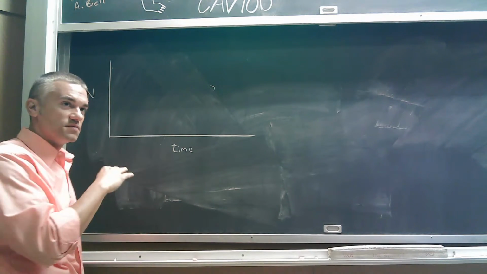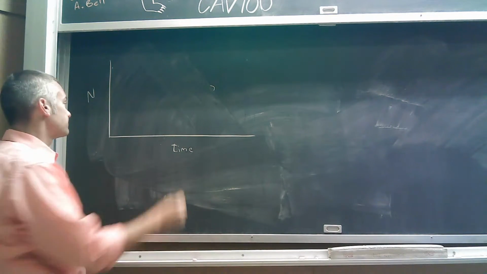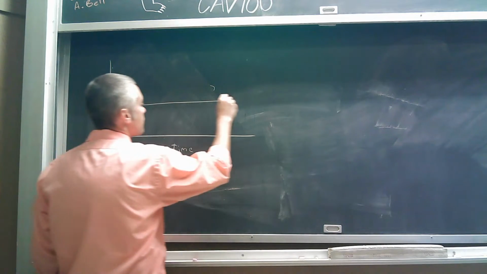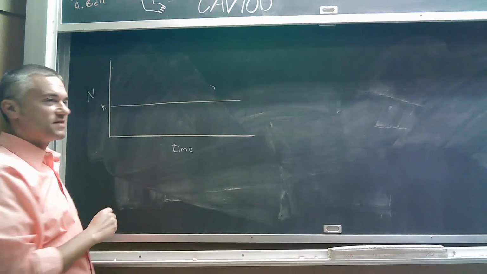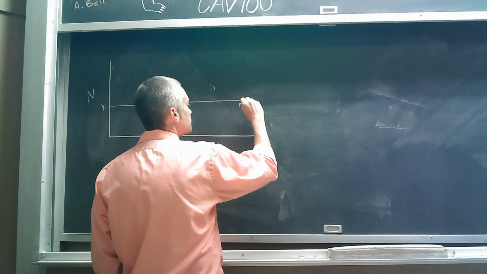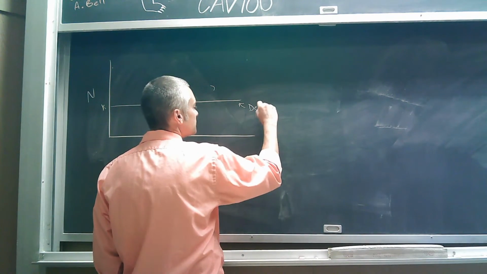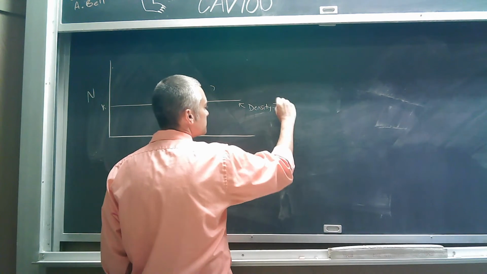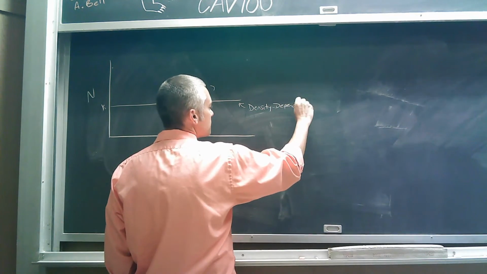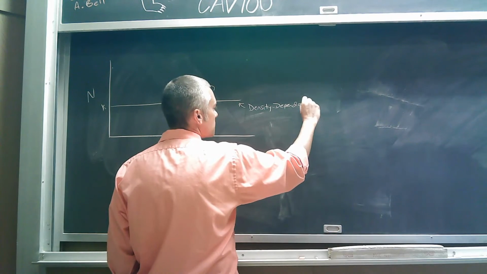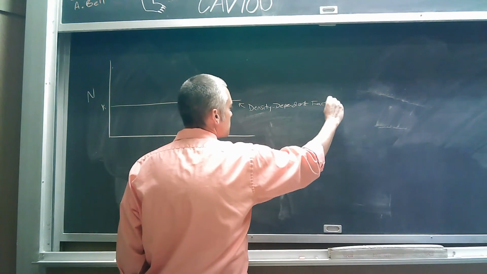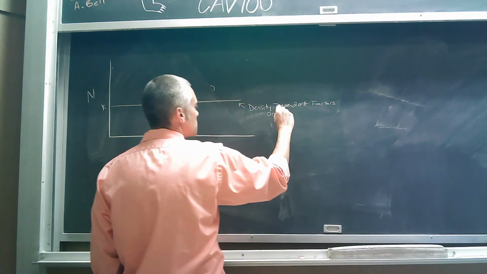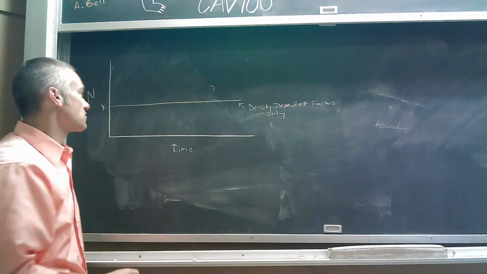If there are no density-independent factors, our population is going to be sitting right there, with only our density-dependent factors.